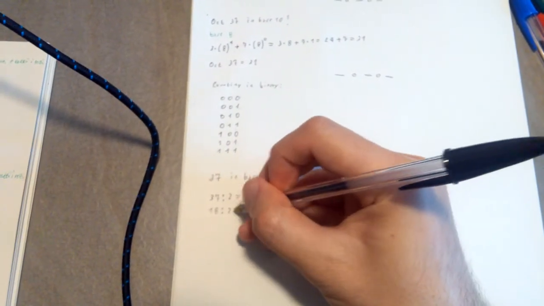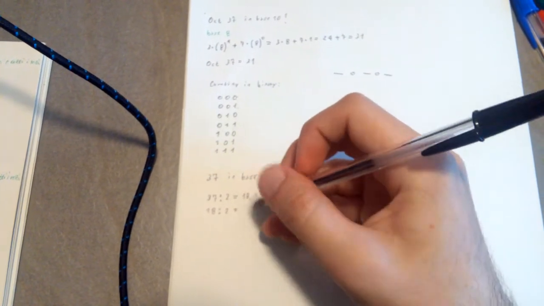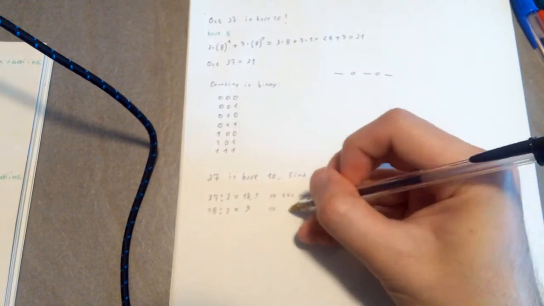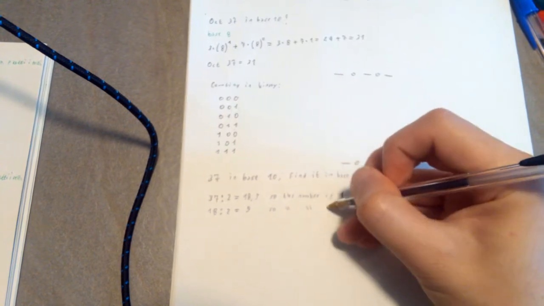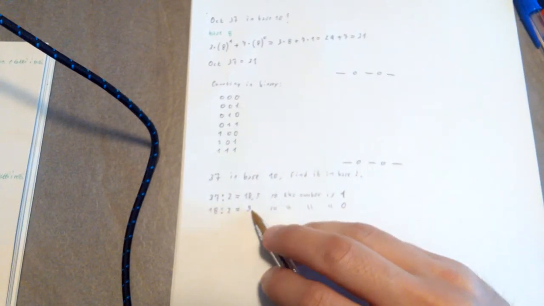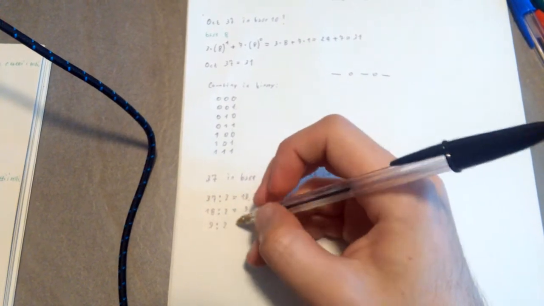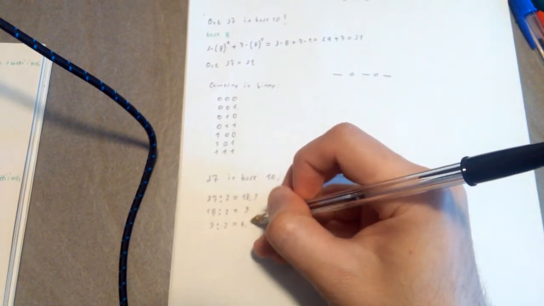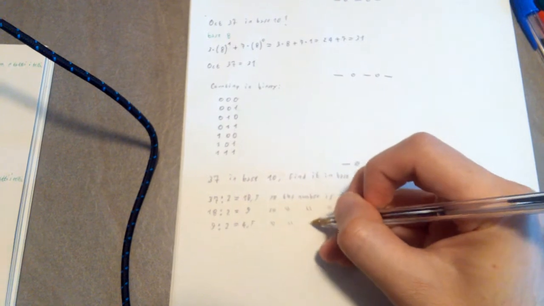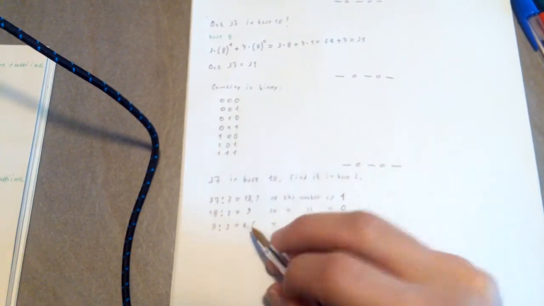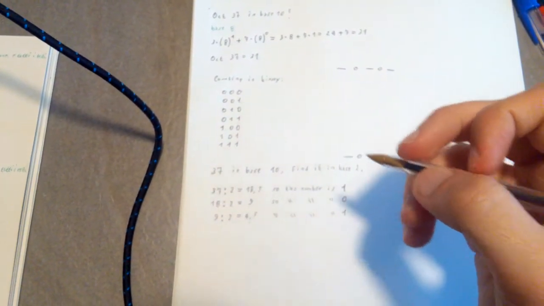So 18 divided by 2 is 9. So the number is 0 because we don't have point something. Now 9 divided by 2 is 4.5. So the number is 1 because we have a 0.5.